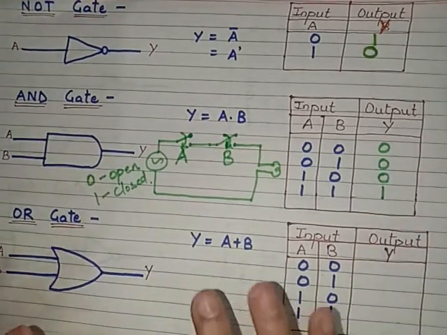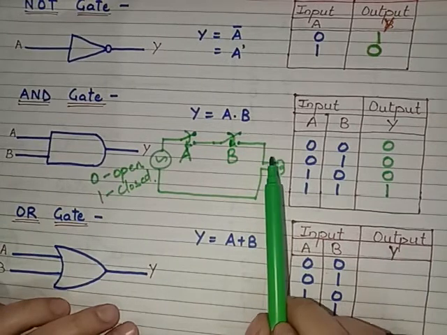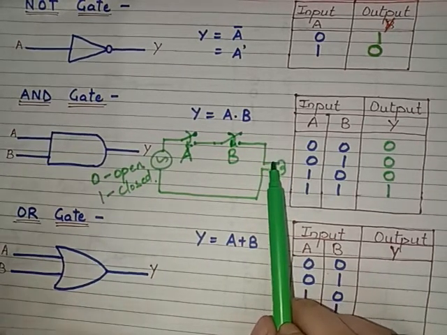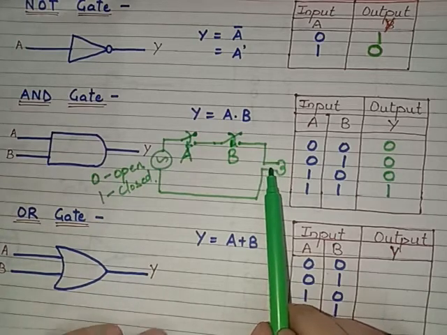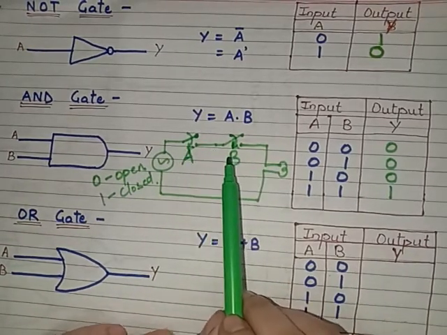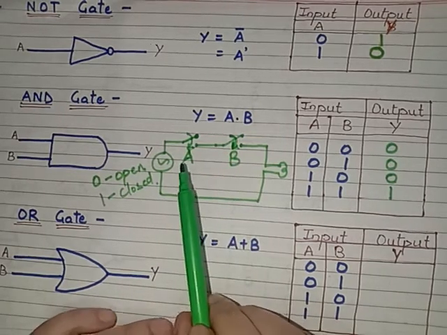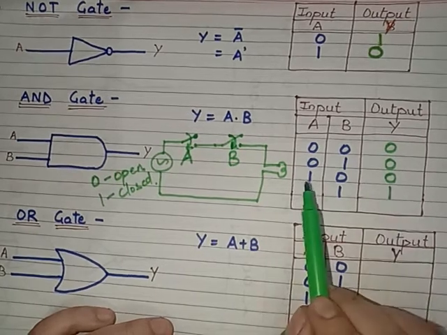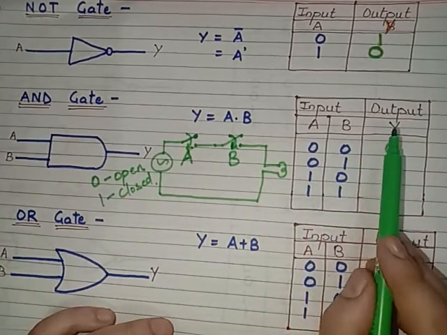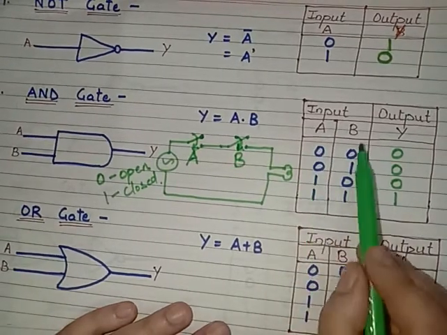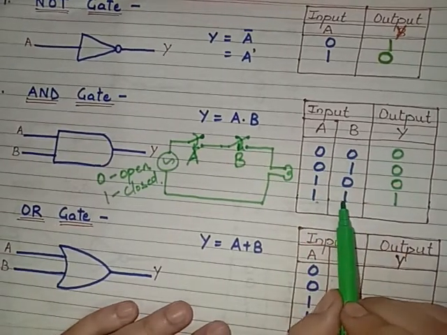Basically you can see, when we want this bulb to glow, then switch A and switch B both should be closed. That means if we want the output of the AND gate as high, then the A and B inputs both should be high.